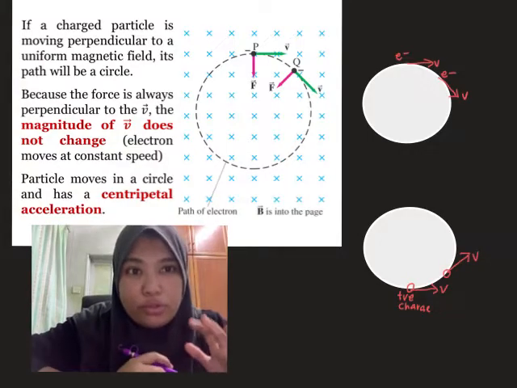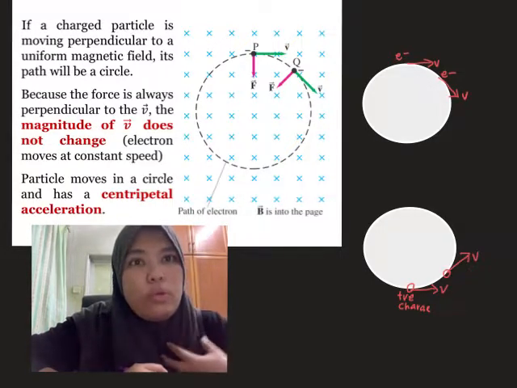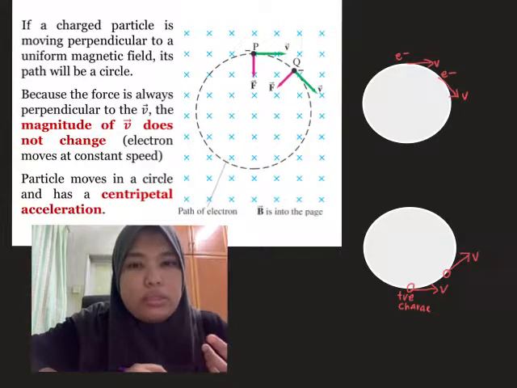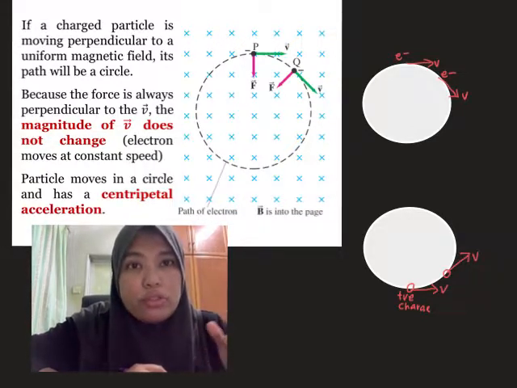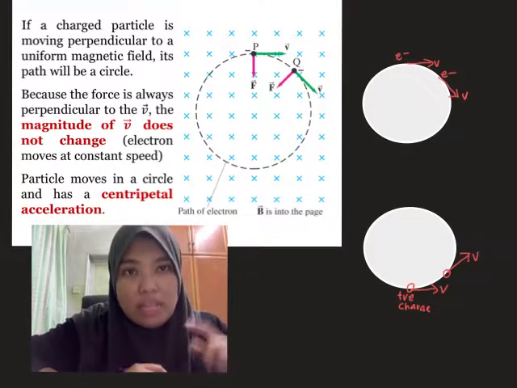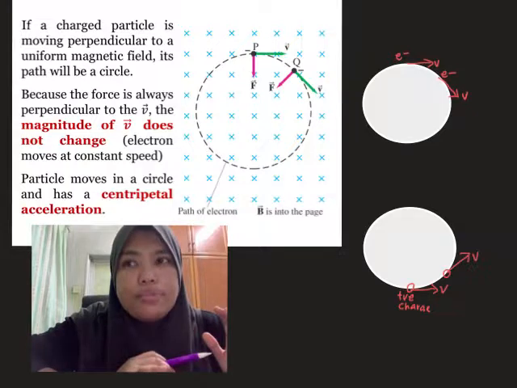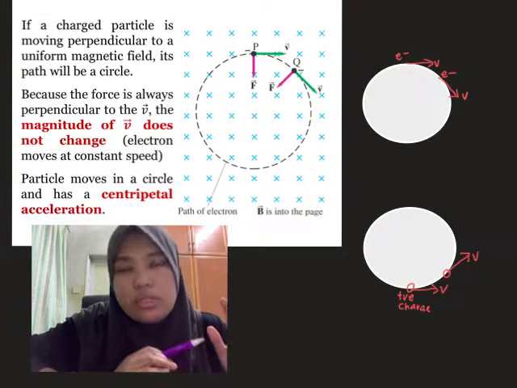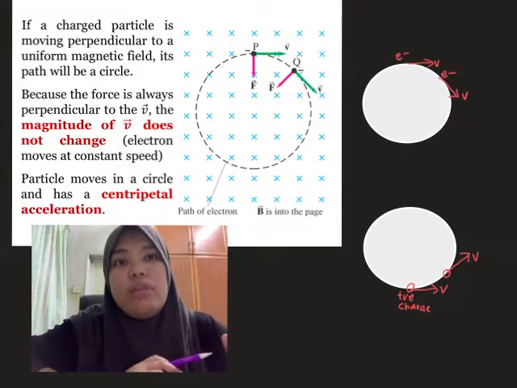Now I'm going to show you how to find the direction of the magnetic force. Based on our understanding, if the object is moving in circular motion, the magnetic force should definitely point toward the center. Even though the speed is constant, there is still acceleration because of the change of direction.